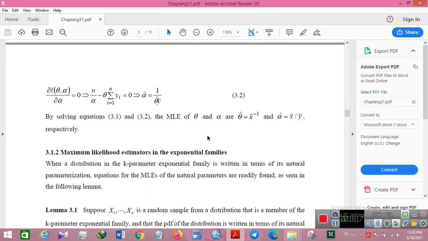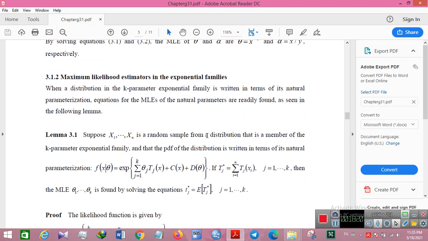As we discussed in the last section, the exponential family is a large class of distributions, and here we give the method to find the MLE of the parameters of the multi-parameter exponential family.